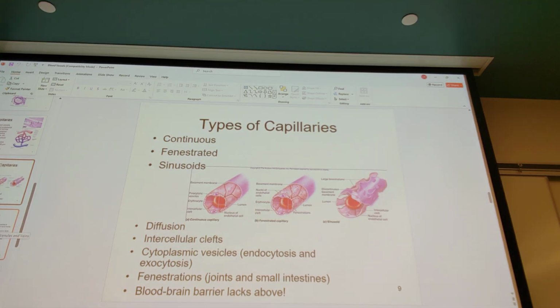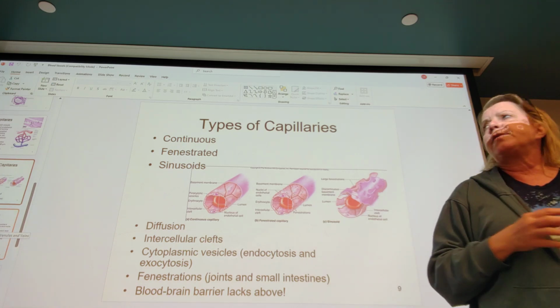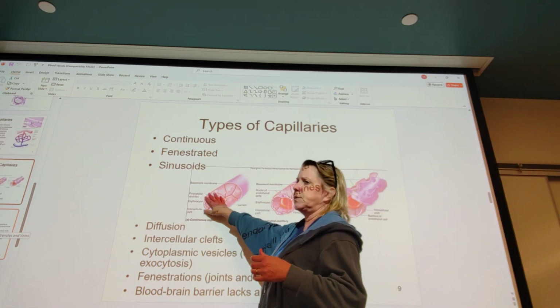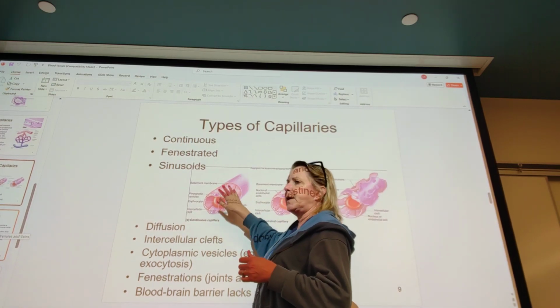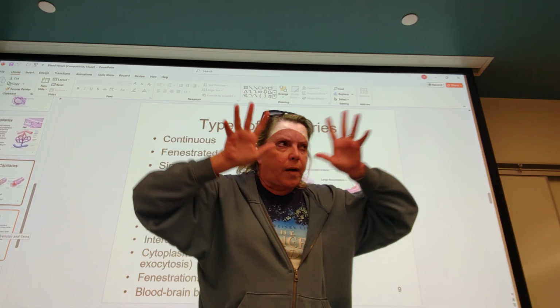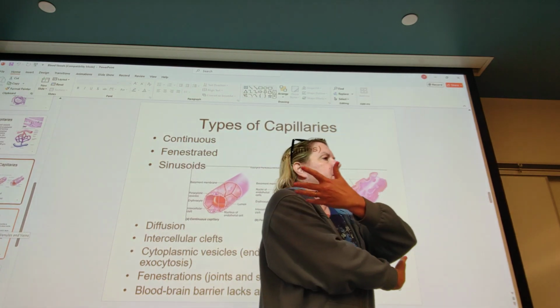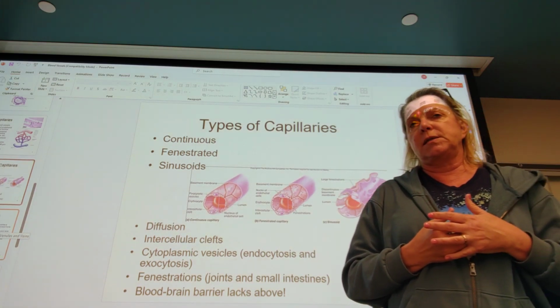So the blood-brain barrier does not allow great permeability like these capillary beds. There is another layer. So think of a continuous capillary bed in your brain. In addition to the basement membrane, there's another cell, a glial cell, that wraps around the entire capillary, multiple glial cells called astrocytes.